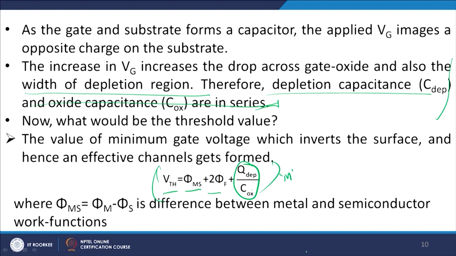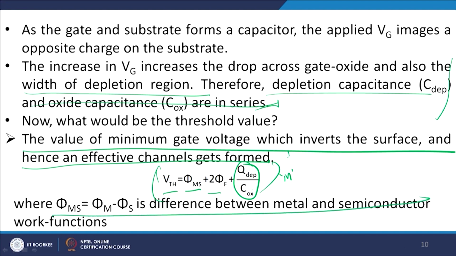Now the minimum value of the gate voltage which inverts the surface and hence an effective channel gets formed is defined as the threshold voltage. Phi ms is the work function difference between metal and semiconductor, and that is placed here. So you will have typically some value of phi ms. What is phi ms?